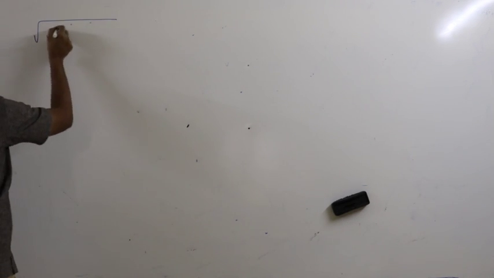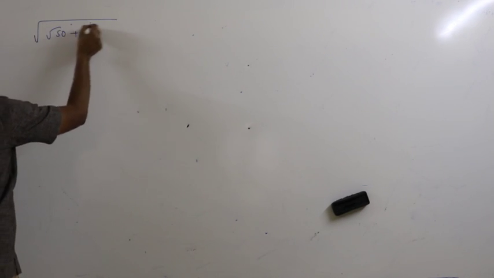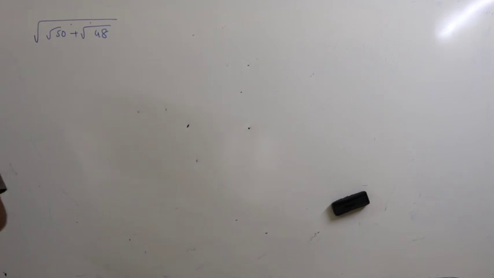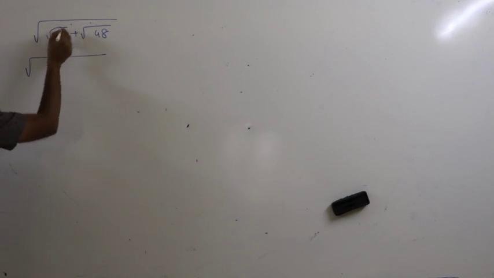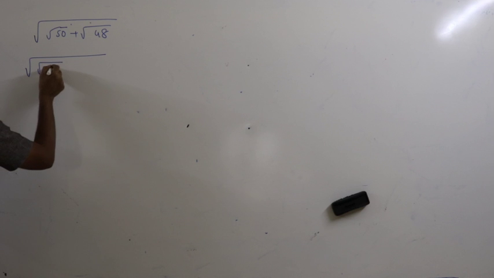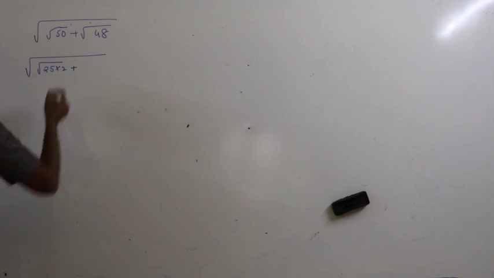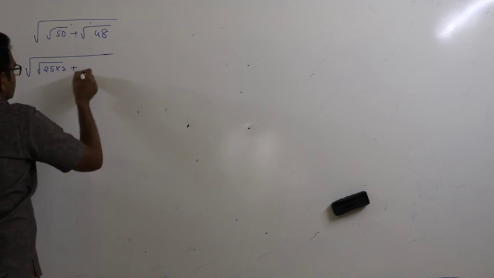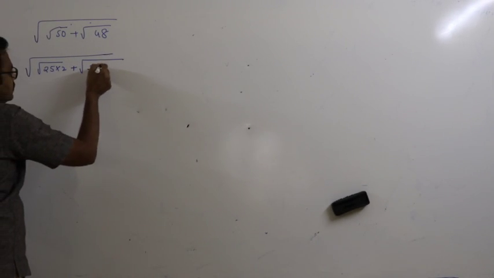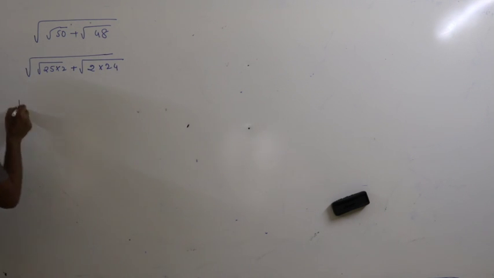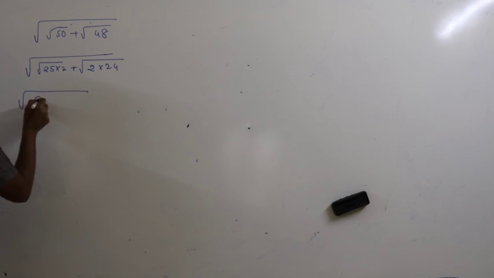Square root of root 50 plus root 48. So the root of this is root of 25 into 2 plus root of 2 into 24.